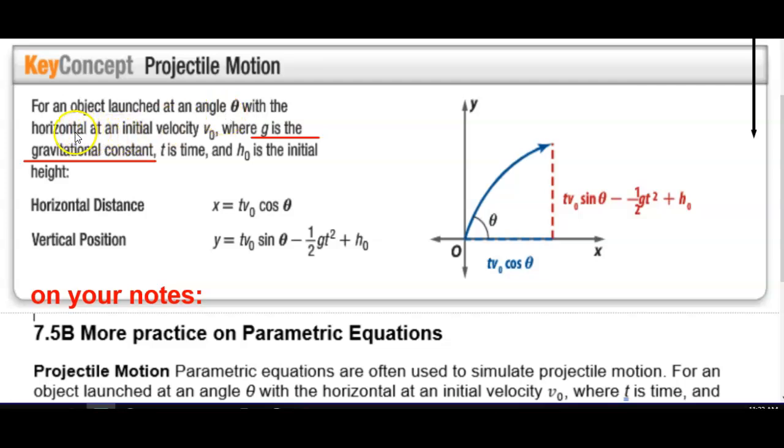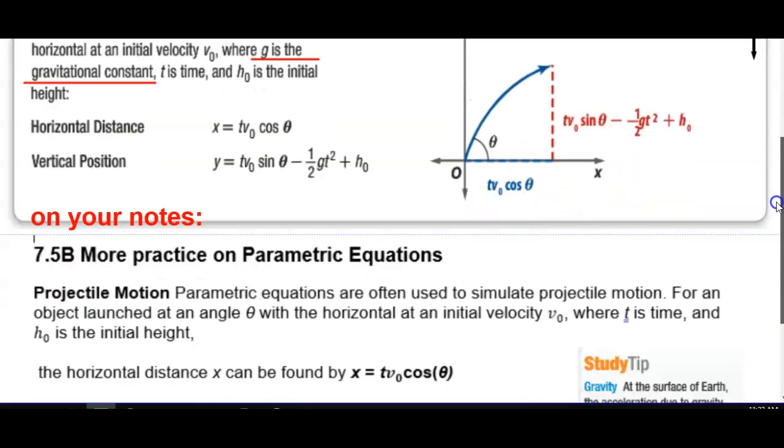And then with an initial velocity v sub 0, so the problem is going to tell us an initial velocity. It's going to be t times the velocity times the cosine of the angle, t times the velocity times the sine of the angle. And then it says where g is a constant. Okay, so it's going to say minus 1/2 g t squared plus h sub 0, or the initial height.